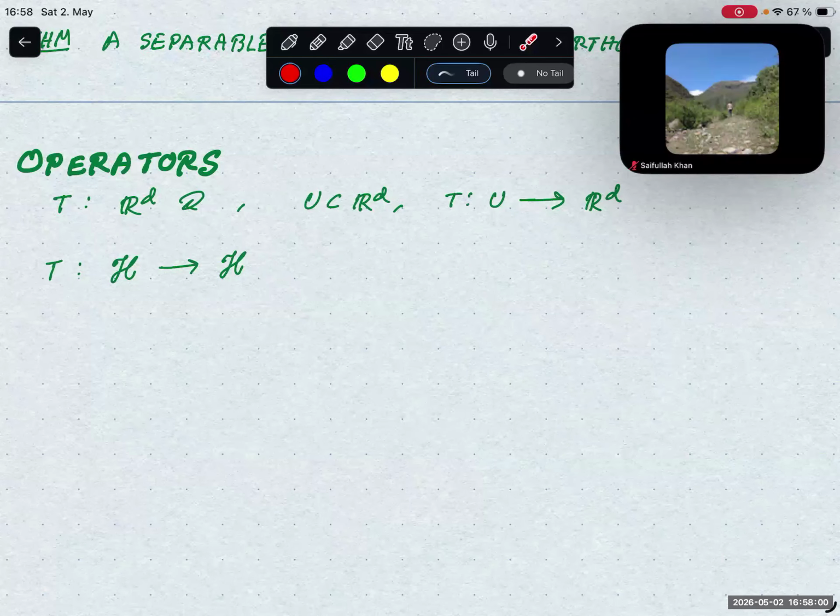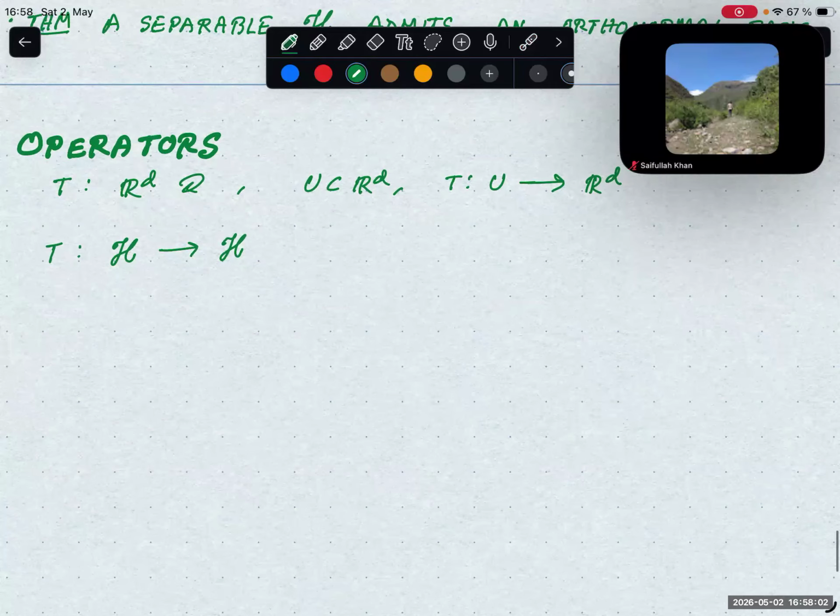So let me just start then, maybe slowly. Definition.